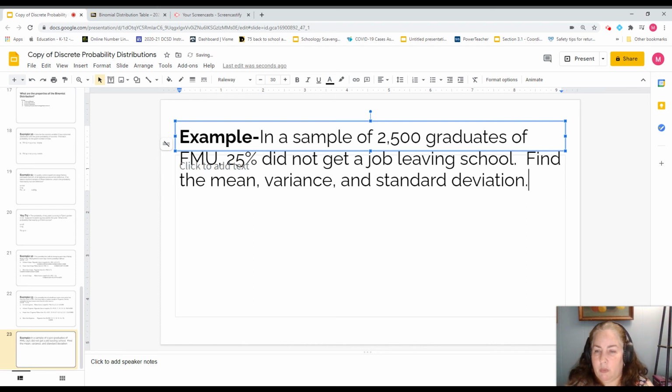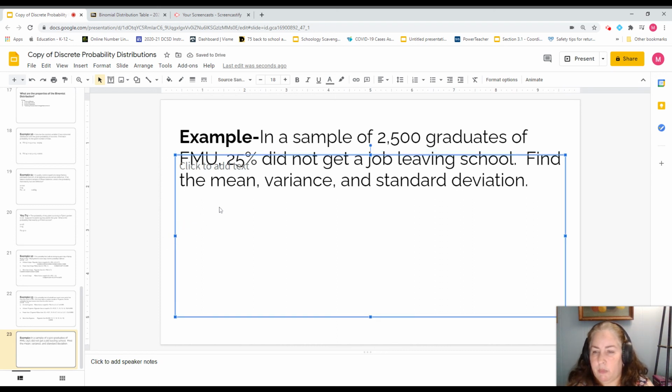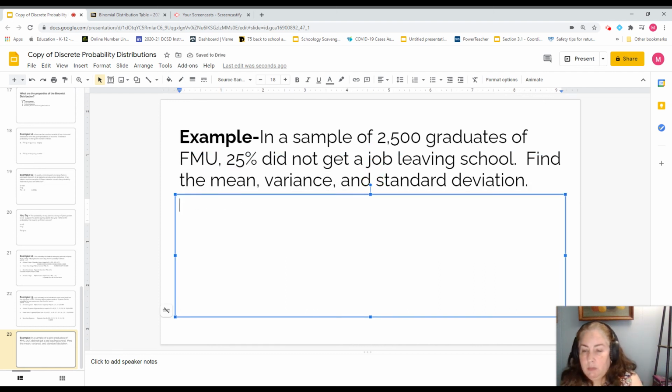Okay, so these are really simple. The mean is kind of what you would think it would be. If I send you to the free throw line and I asked you to shoot 10 baskets and you're an 80% free throw shooter, how many do you expect yourself to make? I would say 8. Now, how would I get that? Well, 80% of 10 is 8. So what is that?